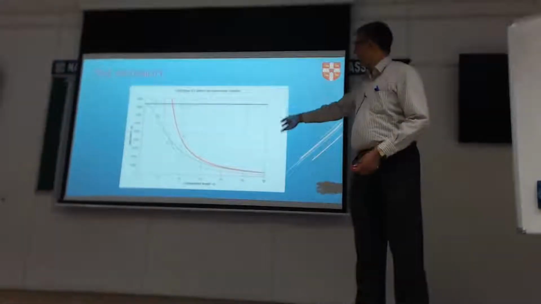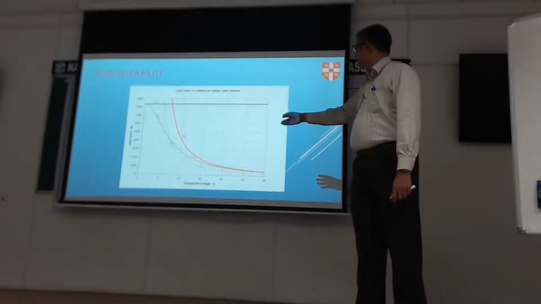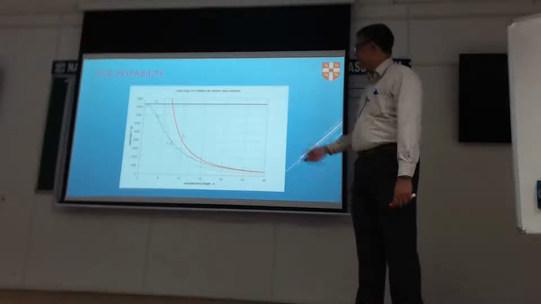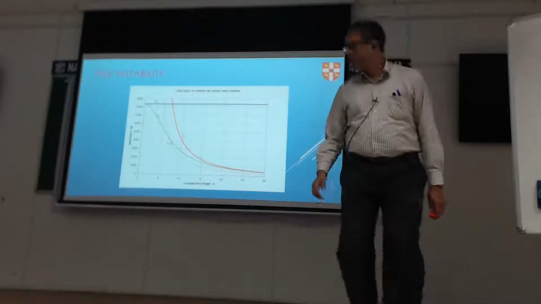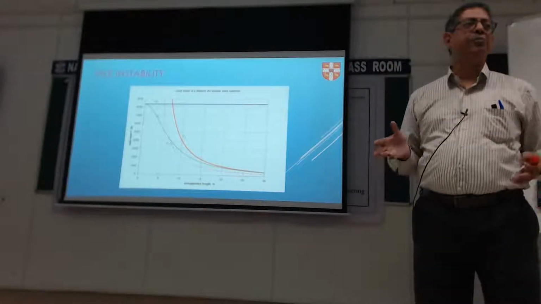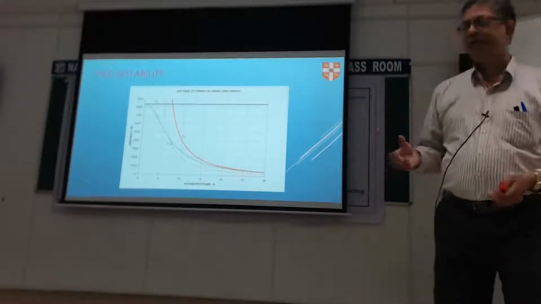It goes up as your unsupported length gets shorter, and comes down to maybe 1,000 kilonewtons for longer lengths. Here I chose just a 0.6 meter diameter pipe or column.